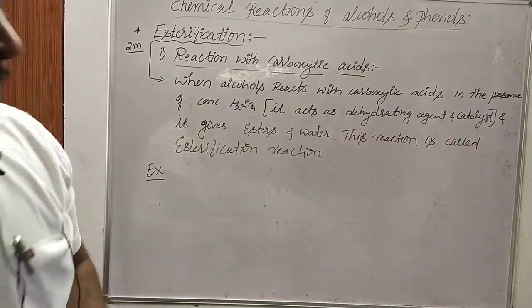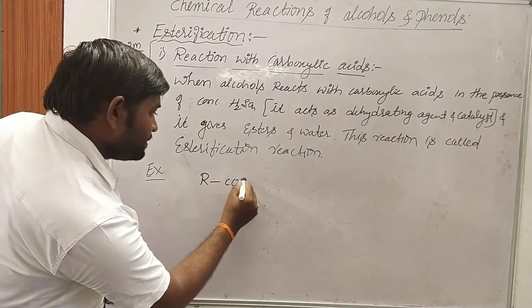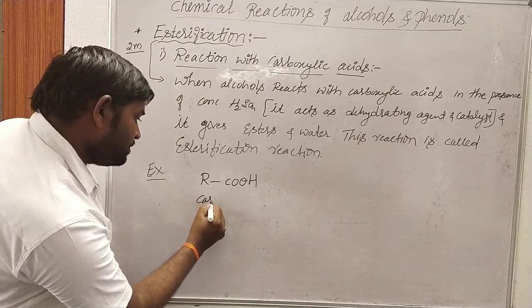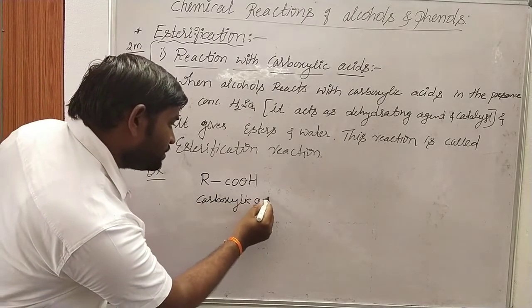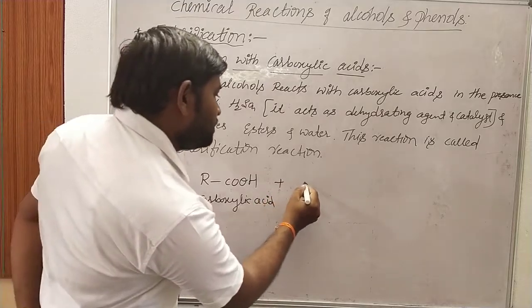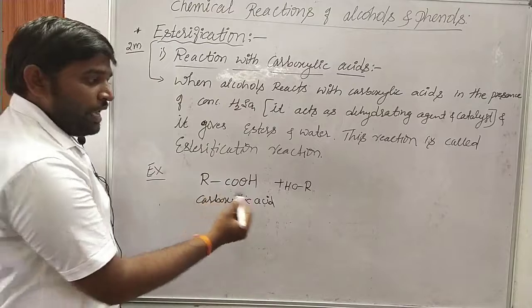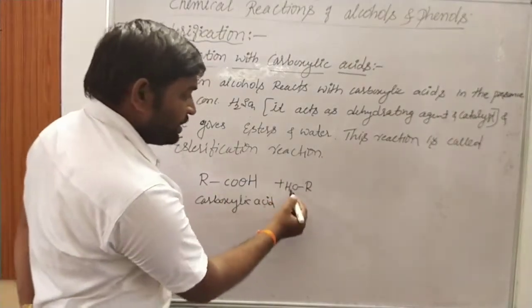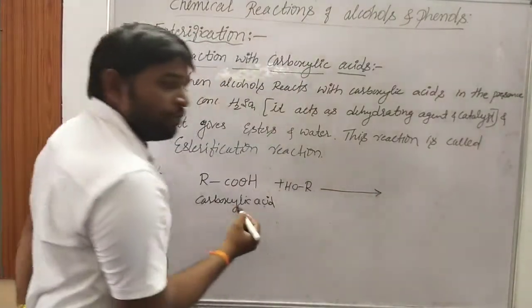Now let us take one example for the esterification of alcohols and carboxylic acids in presence of concentrated sulfuric acid. Carboxylic acid, that is RCOOH, reacts with alcohol, which can be written as ROH. I have written it in the reverse form, ROH, because it is easier to write the product by elimination of one molecule of water.